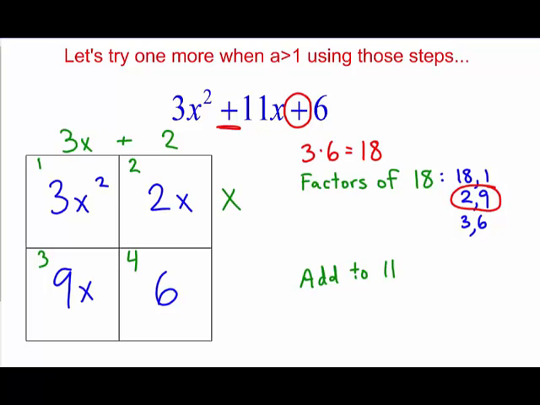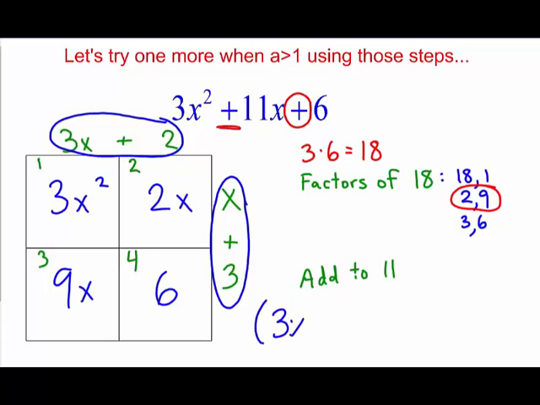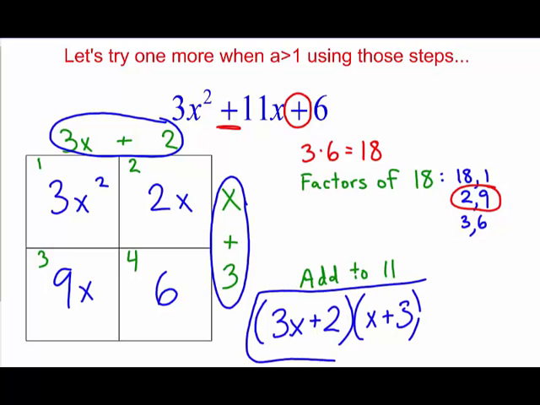I'm going to put it on the right side here. And then I look at 9x and 6, and I notice that they have a positive 3 in common. So then I'm going to take those factors, 3x plus 2 and x plus 3, and those are my factored form. So there is my final answer in factored form.